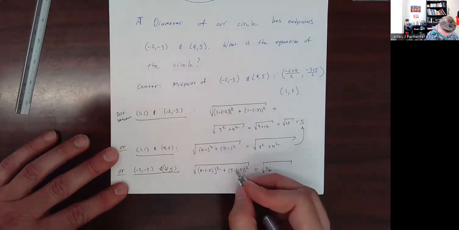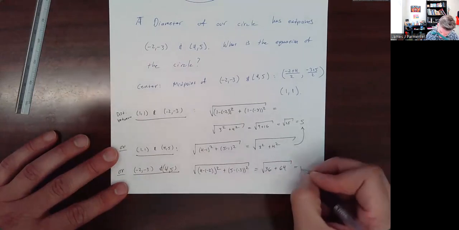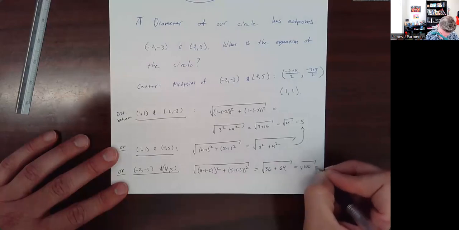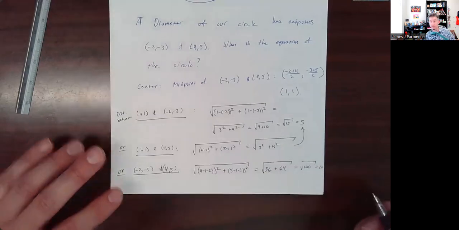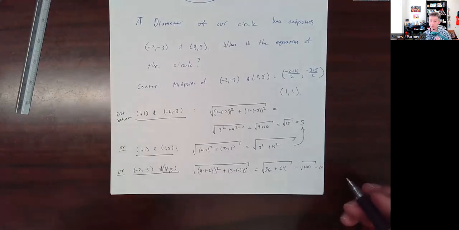And 5 plus 3 is 8, and 8 squared is 64. And 36 plus 64 is 100, and the square root of 100 is 10. And then 10 divided by 2 is 5. So any way you slice it, the radius of the circle is 5.